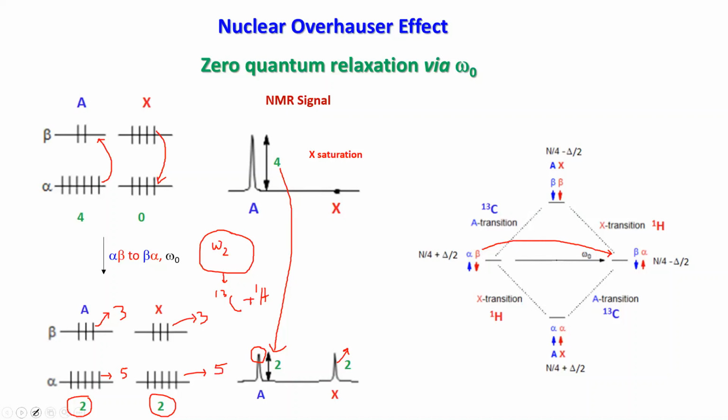So in any organic molecule, you can apply this even for proton and proton. If the two protons are close enough, one proton can have the nuclear Overhauser effect on the other proton. So you can have the cross polarization due to one proton saturation to the other proton.